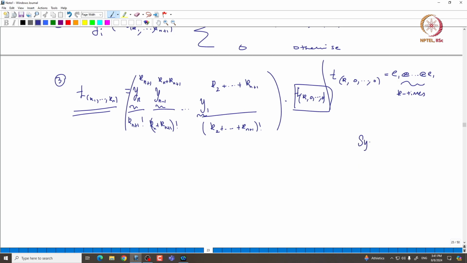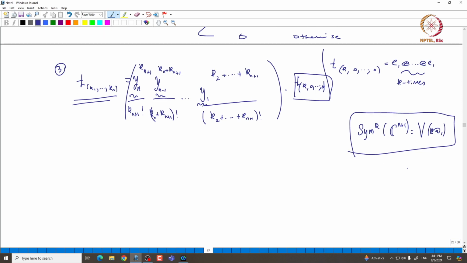So, the symmetric power is isomorphic to V of k omega 1. So, this is indeed some other way of constructing the same representation. Okay. So, we have used the tensor products.